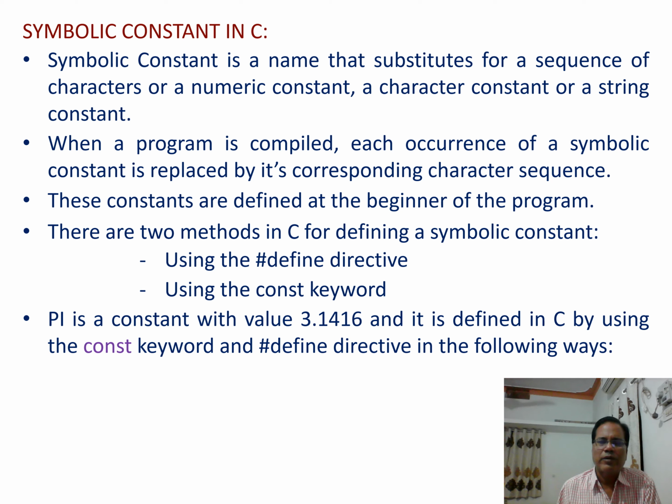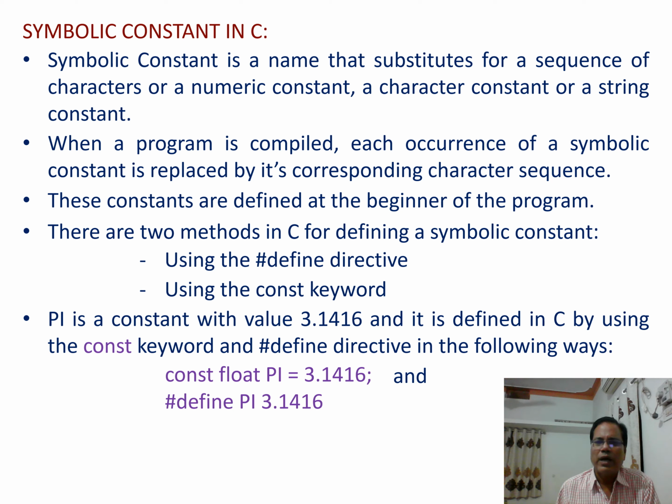We use pi a number of times, and it is defined in C by using the const keyword and the #define directive in the following ways. This is the first way of defining the symbolic constant pi, or we can also define the symbolic constant pi in this way using the preprocessor directive or using the keyword const.